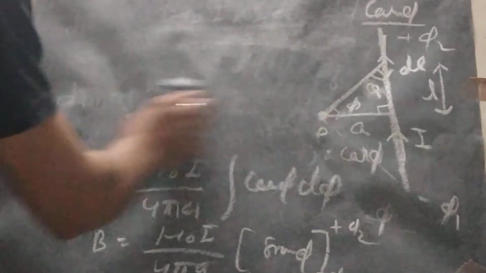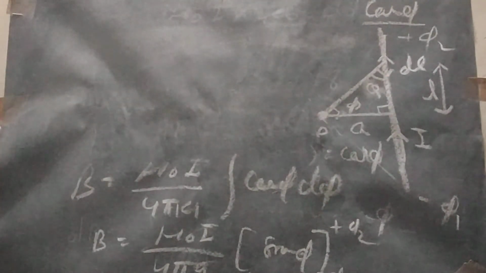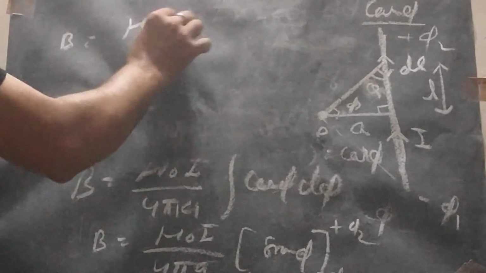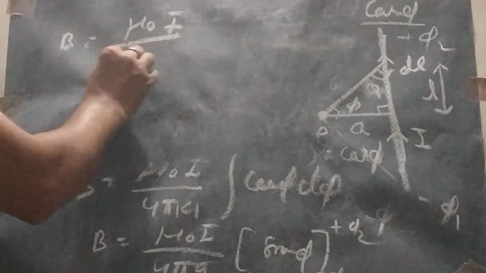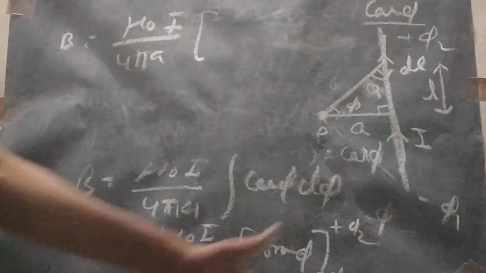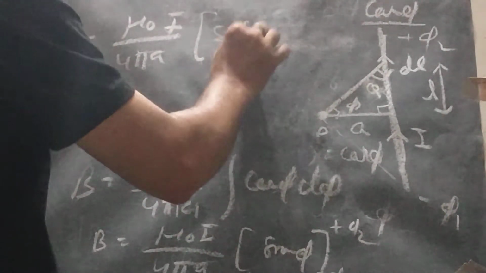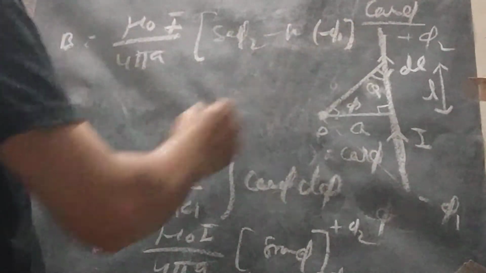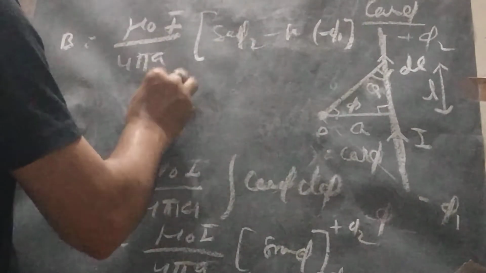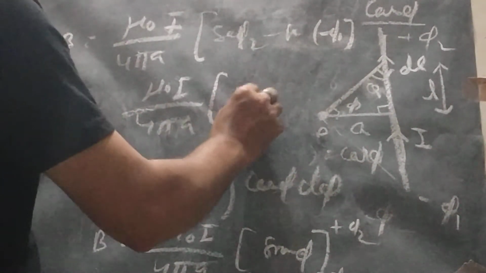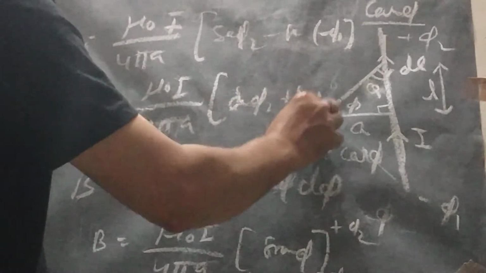If we put in the values of the upper limit and lower limit, then B equals mu naught I by 4 pi a into sin phi 2 minus sin of minus phi 1. Sin of minus theta is minus sin theta. So B equals mu naught I by 4 pi a into sin phi 2 plus sin phi 1.